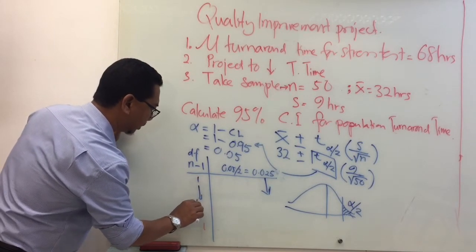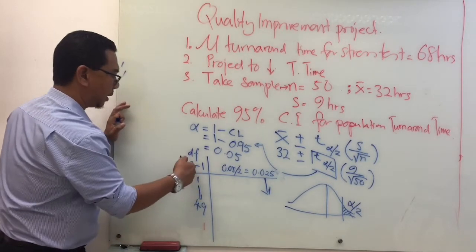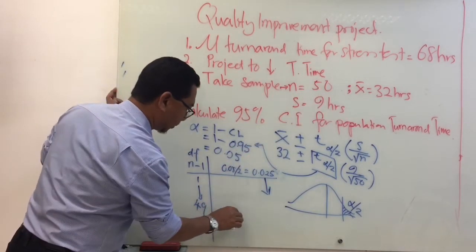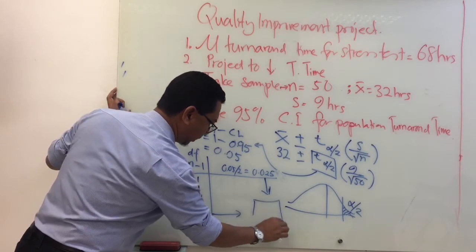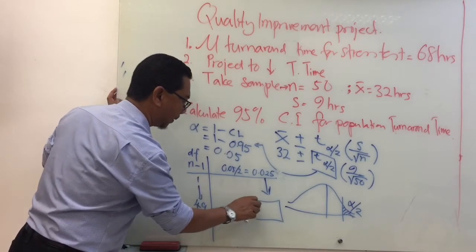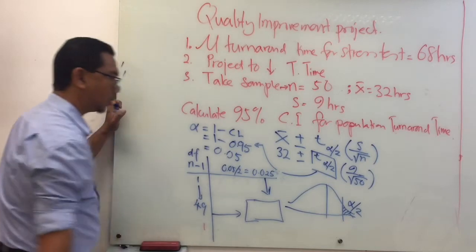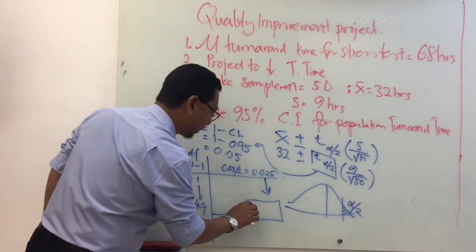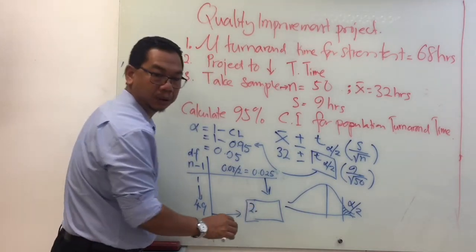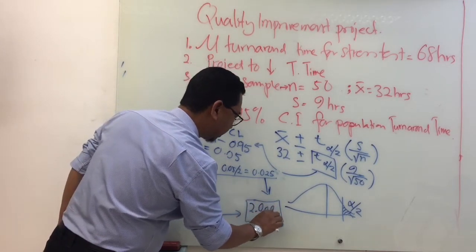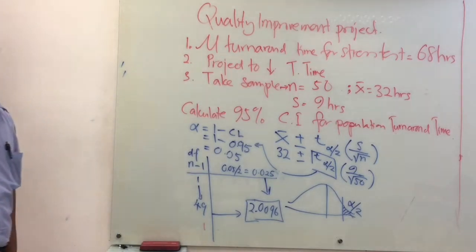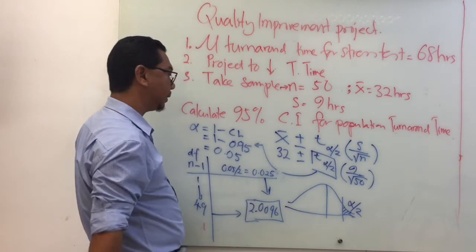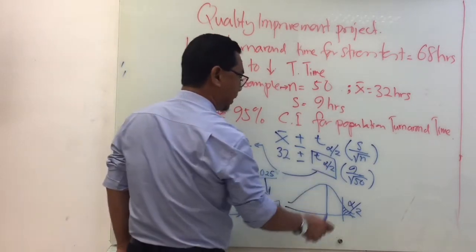We look down here, 49, and see the intersection. This is the value for t. Here we find t is 2.0096. So we put this value into the formula.